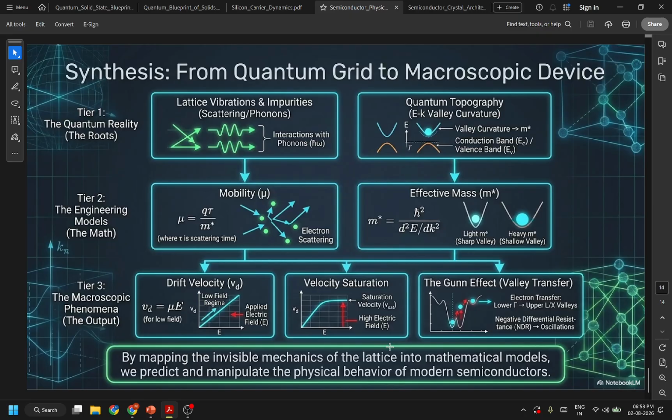Effective mass is given as h bar square by d square E by dk square. This results in drift velocity, which is Vd equals mu E. Then at high electric fields, we get saturation and the Gunn effect.